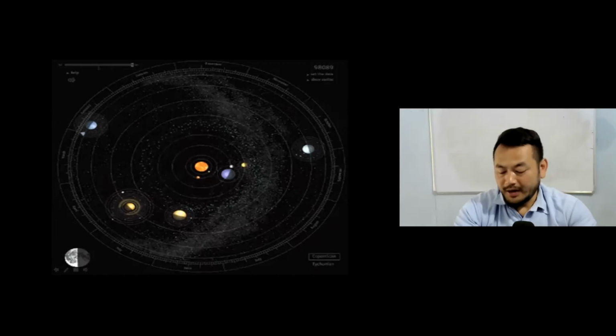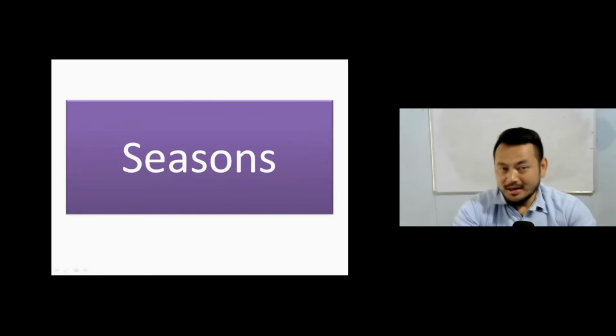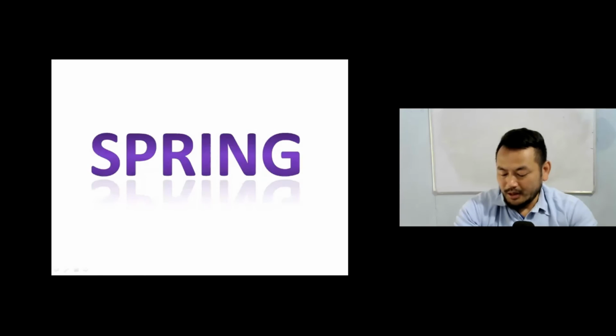Next is effects of revolution. Seasons. In general, there are 4 seasons: spring, summer, autumn or fall, and winter. As the earth orbits around the sun, its axis always remains tilted at 23.5 degrees in the orbital path.